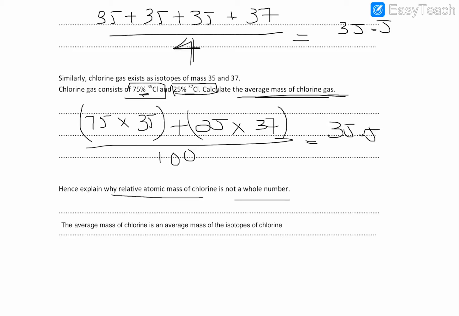The atomic mass of chlorine is an average mass of the isotopes of chlorine. That's why it's 35.5.